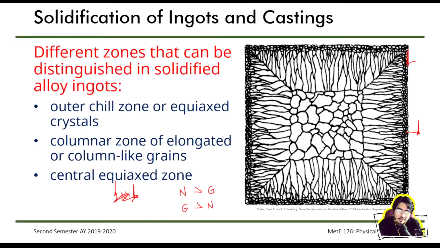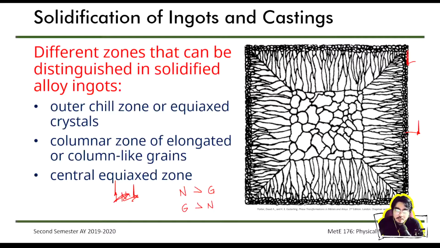This is what happens in this case. Nucleation is very much faster than growth, and therefore a myriad of grains are produced, producing a very fine-grained structure along the mold wall. Along the mold walls, we call that fine-grained structure the chill zone.